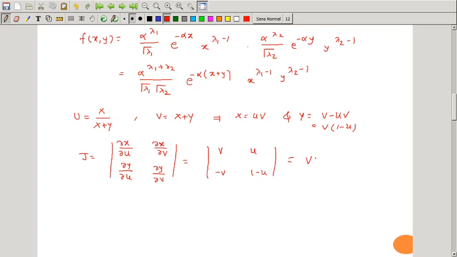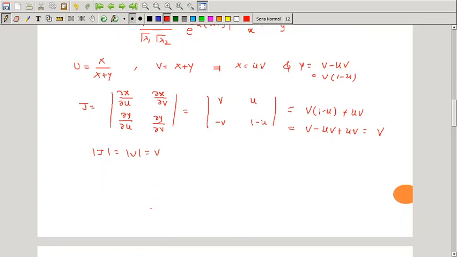That is v into 1 minus u, minus minus plus u into v. So that means v minus uv plus uv, which is equal to v. Here v is X plus Y. X is positive, Y is positive, so V is also positive. So the absolute value of the Jacobian is the absolute value of v, which is nothing but v, since v is positive.